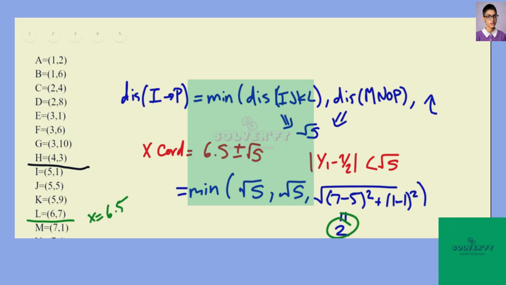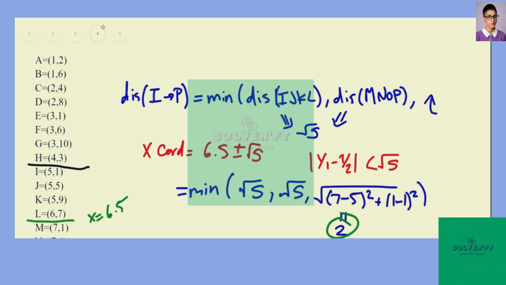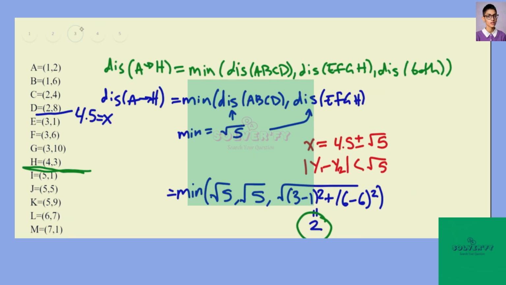So lastly, we're going to do this whole thing, A through P. So it's a similar process. The line separating the two halves here is 4.5. And the minimum between the distances from the previous part, right? So those were both 2, 2, and 2.